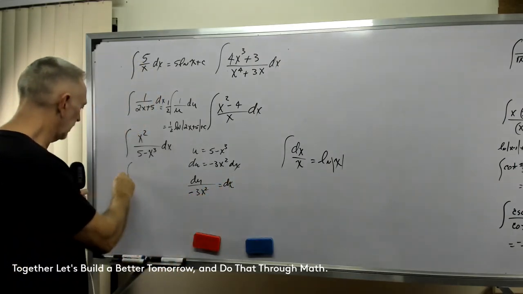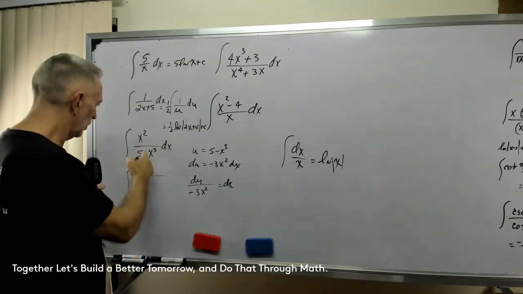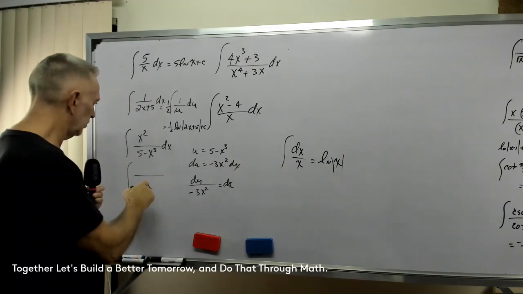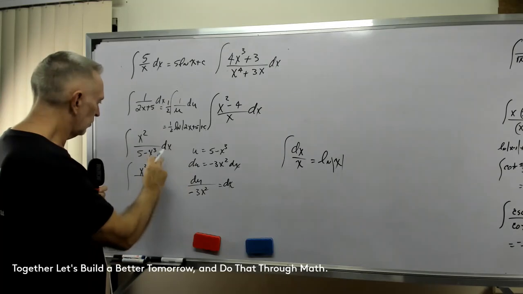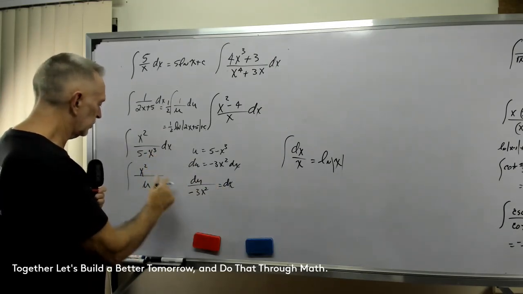Okay, so what do we have here? We have 1 over u, so u is down here. We still have our x squared up there, but we're replacing dx with du over minus 3x squared.